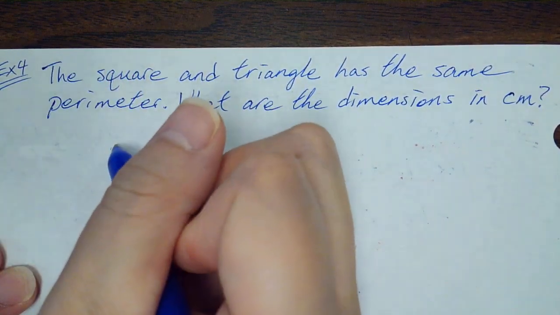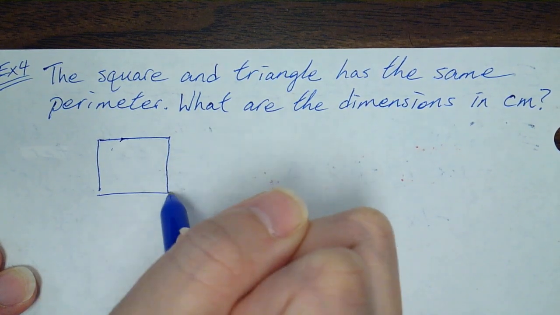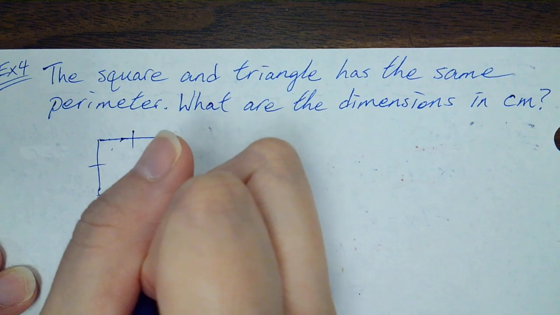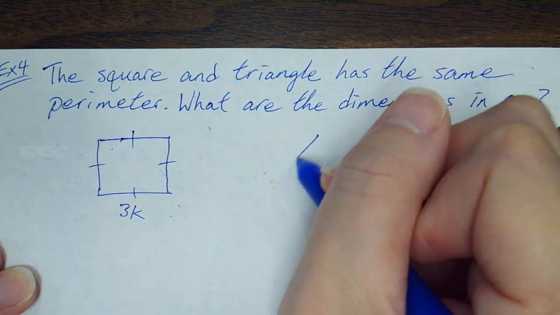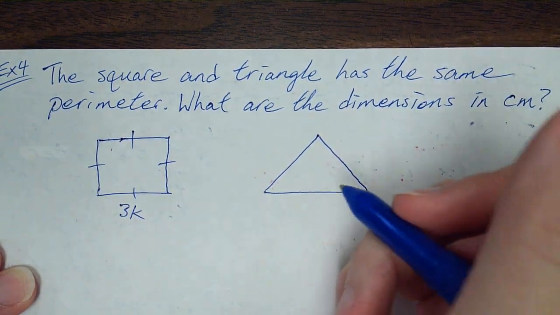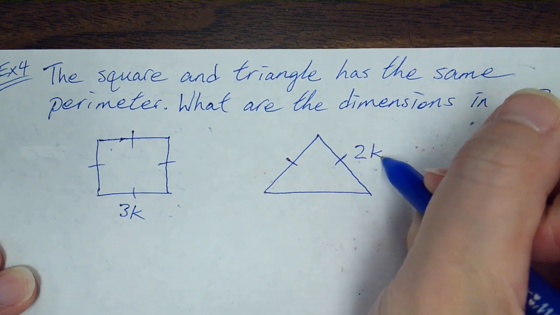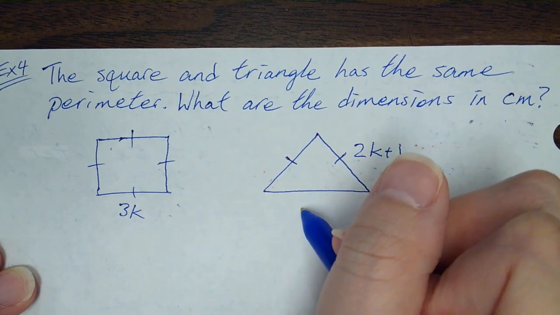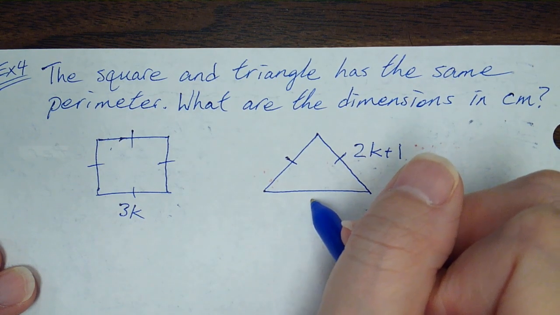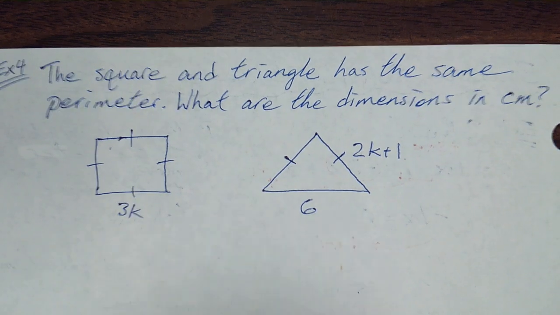Okay, so here I have a square, 3K. And I have a triangle. Let's say this is 2K plus 1, and this is 6 centimeters.